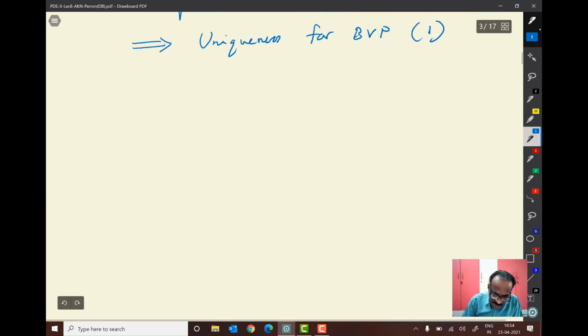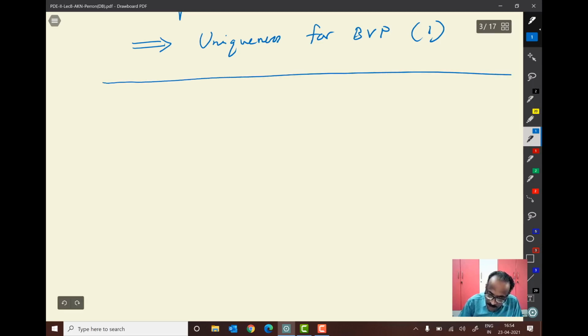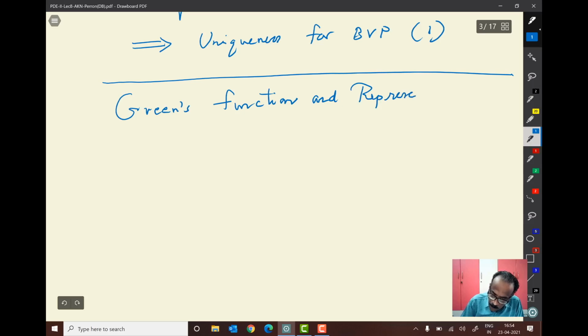After that, this is what about the maximum principle we have proved, and many other results we have proved in our PDE 1 course. After that, we have introduced what is called a Green's function and representation formula.